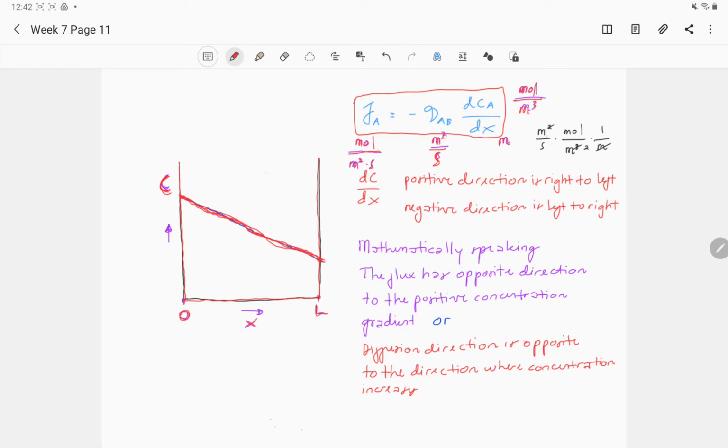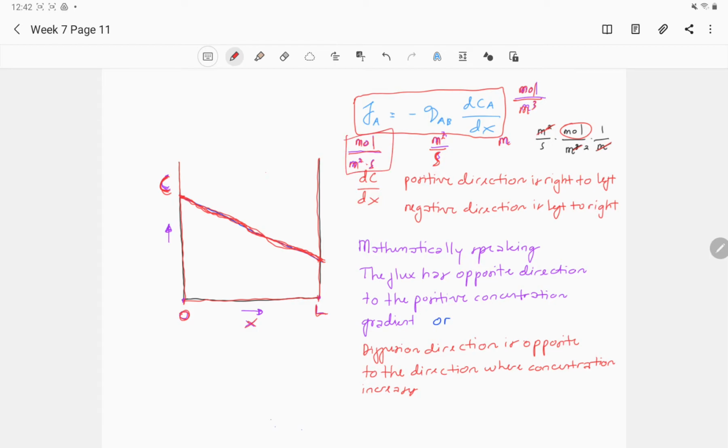So if we multiply meter square per second by mole per meter cube by 1 over meter, the meters cancel and we will have mole per meter square second. That's the same unit as the flux.